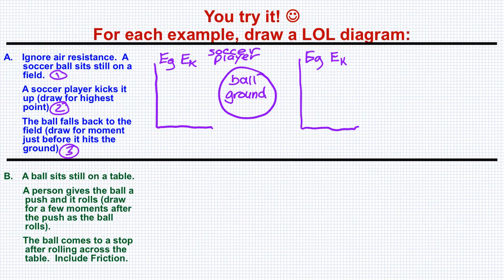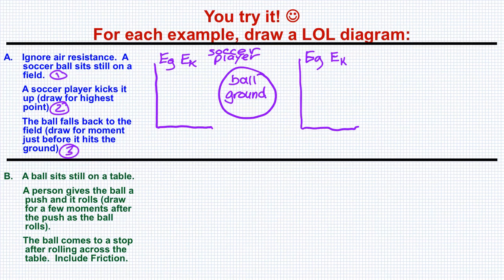So let's now start to think about what's actually happening here. In number 1, my first L, a soccer ball sits on the field. And my gravitational 0 line will be the field itself. There's nowhere else that the ball can fall or sink to.